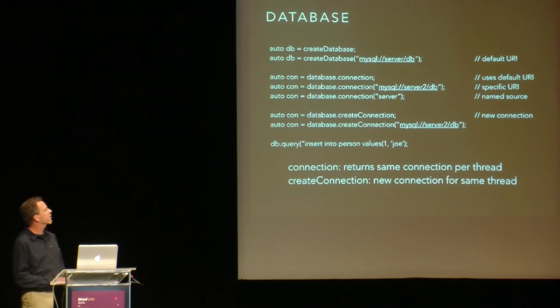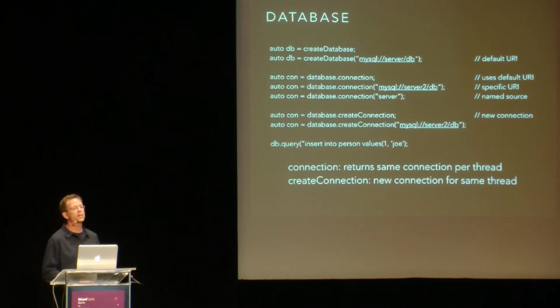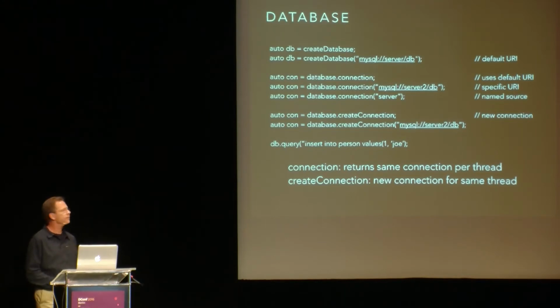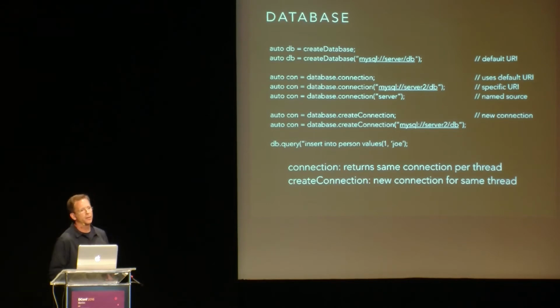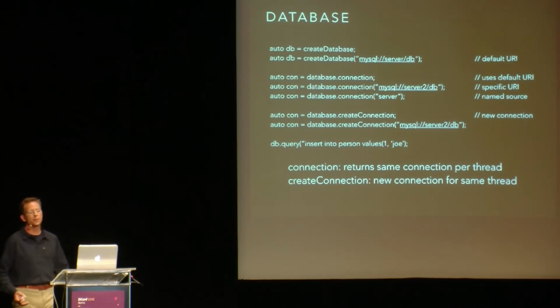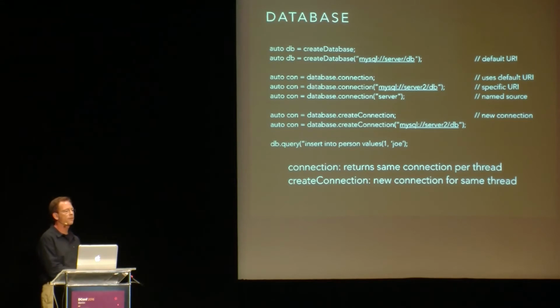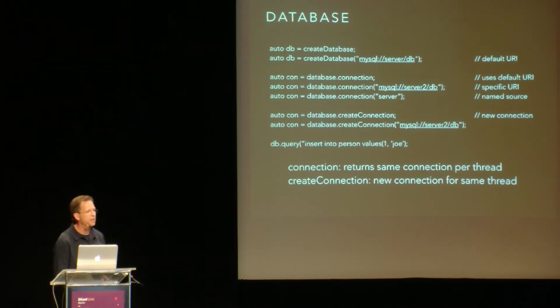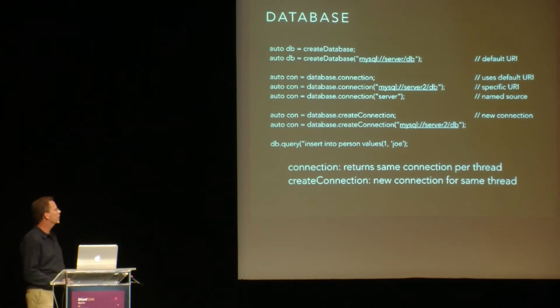You can create a database with a URL, which means it's the default URL for everything. So if you ask for a connection like you do in the third row, you will get the default URL. That's just a convenience so that if you have a lot of places in your code where you want a connection, and you're always connected to the same database, you shouldn't have to specify the URL multiple times. So that's what the default URL is about.